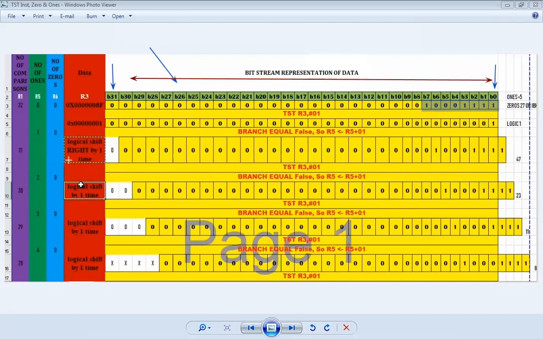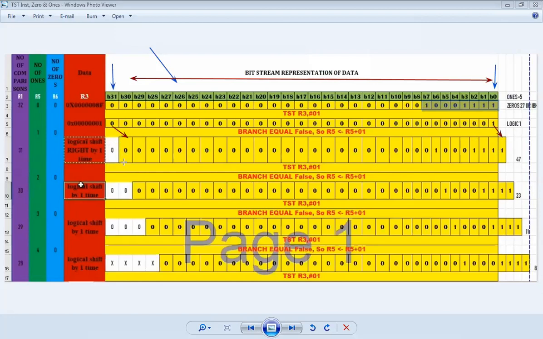Now let us say I shift 1, I do a logical right shift. What happens, you can see that the values are shifting from one side to another. This 0 comes here, and this 1 comes here. So the value is actually shifting.